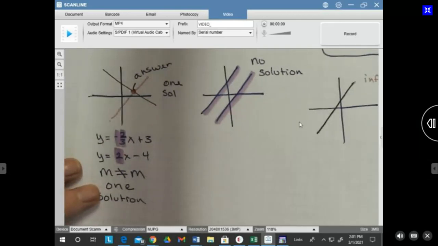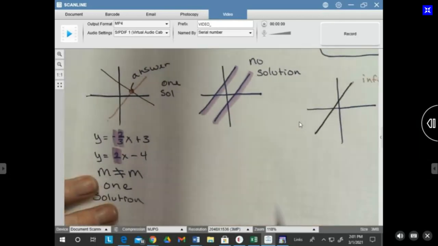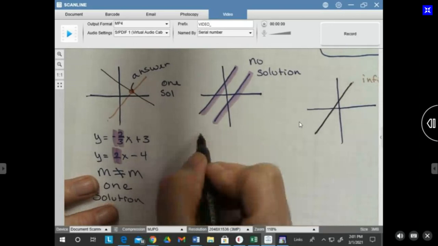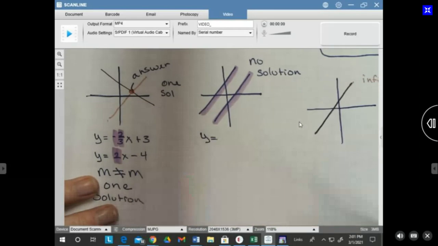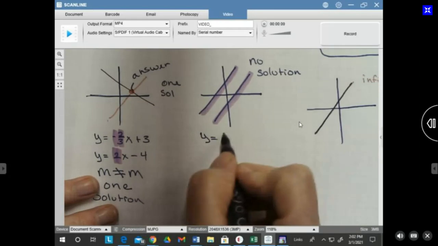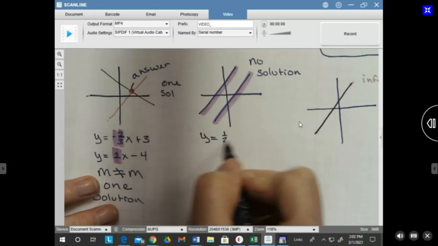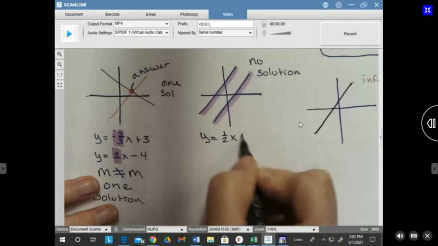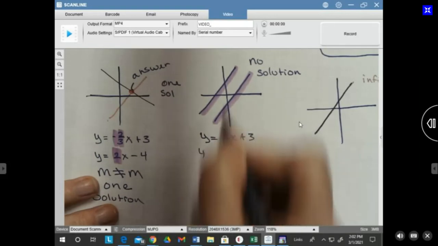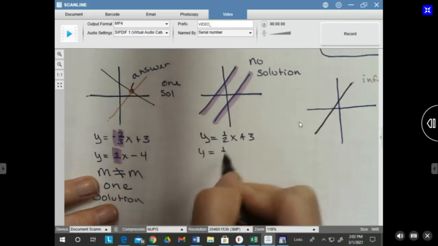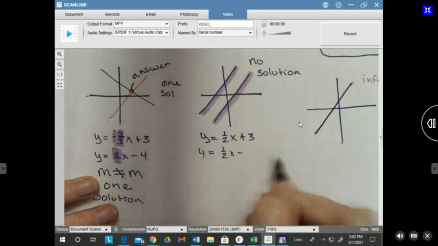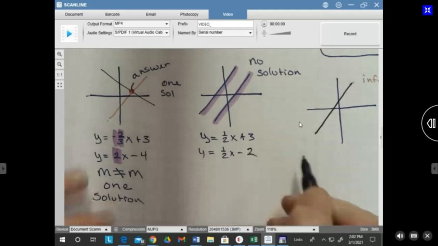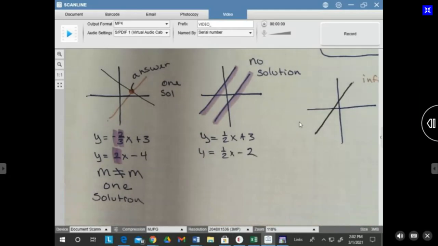All right, we're going to say that this one is y equals 1/2 x plus 3, and this one would be y equals 1/2 x minus 2. Now, how am I going to tell just by looking at the equations that there's no solution? What do you see?